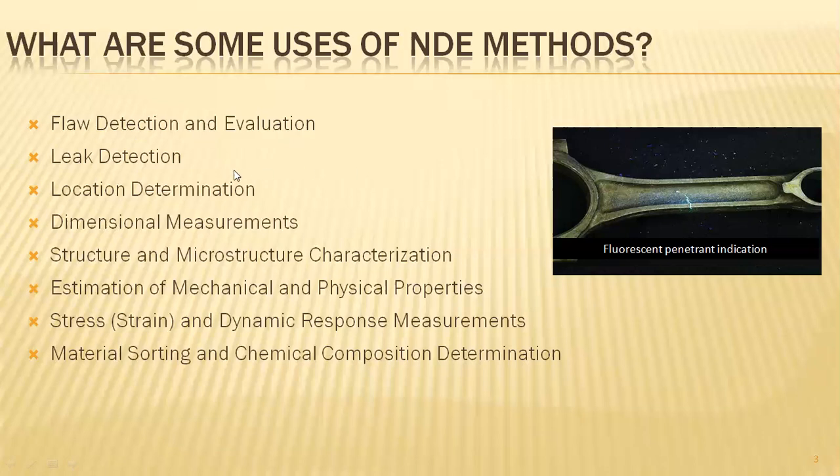Then leak detection: if there is any tap or coupling between two pipes and the gasket has been defective, at that particular time small leakages will take place. Those also will be detected by utilizing these NDE techniques. Location determination: particular locations also will be determined by utilizing these NDE techniques.